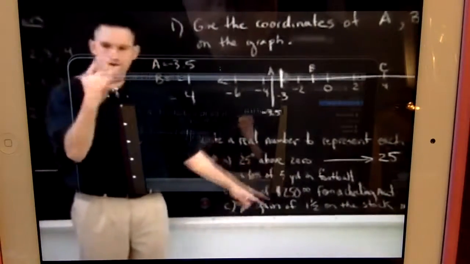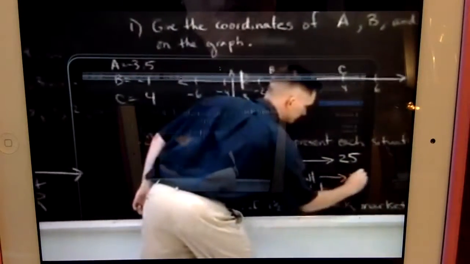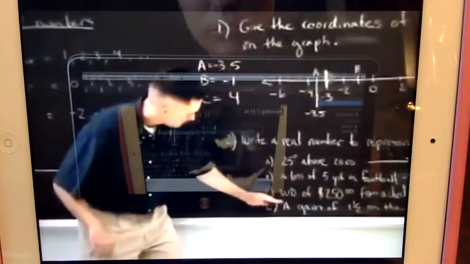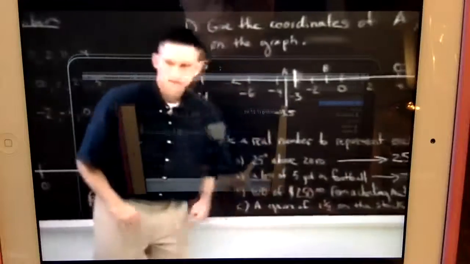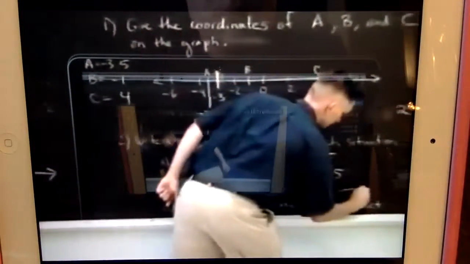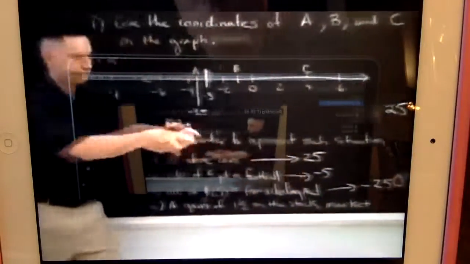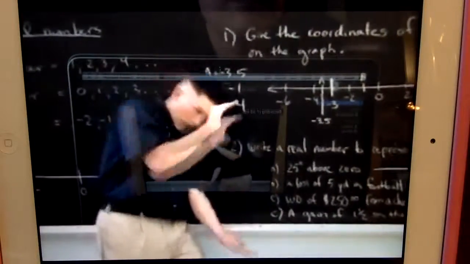Now, lost of 5 yards in football. That's a -5, right? Good. Withdraw, in this next example, 250. Right. So it's a -250 because you're taking something out, making whatever that is less.